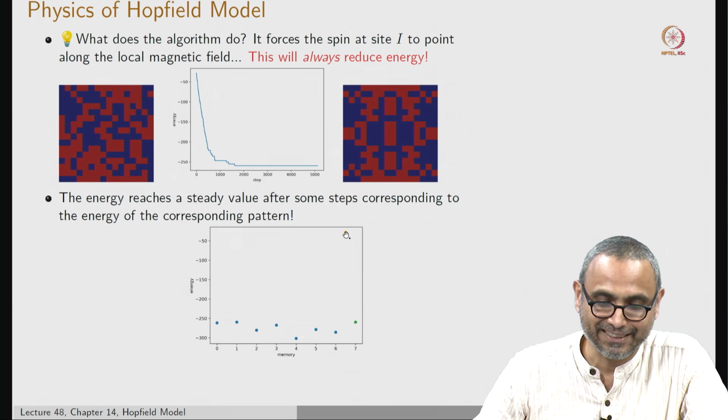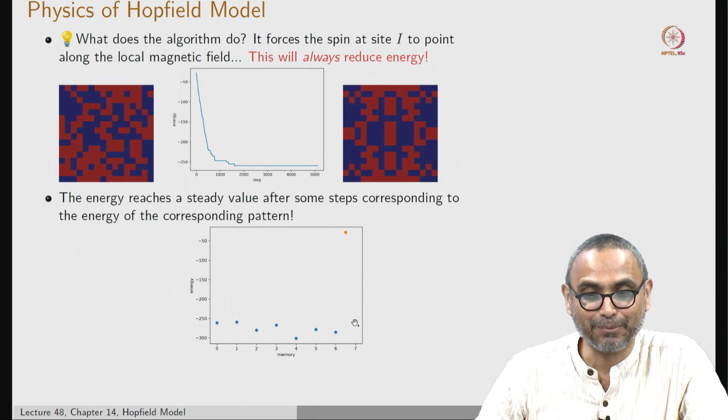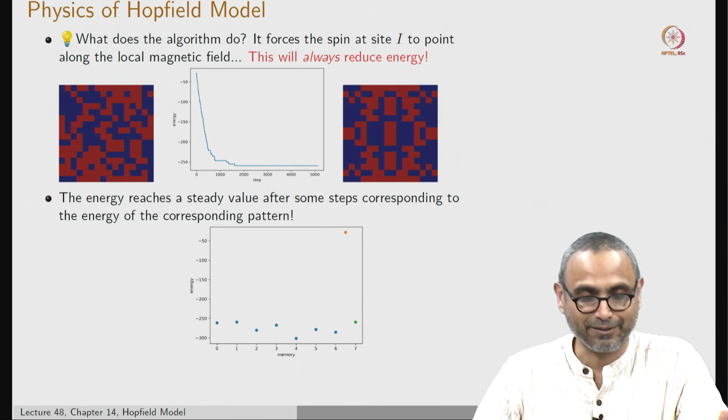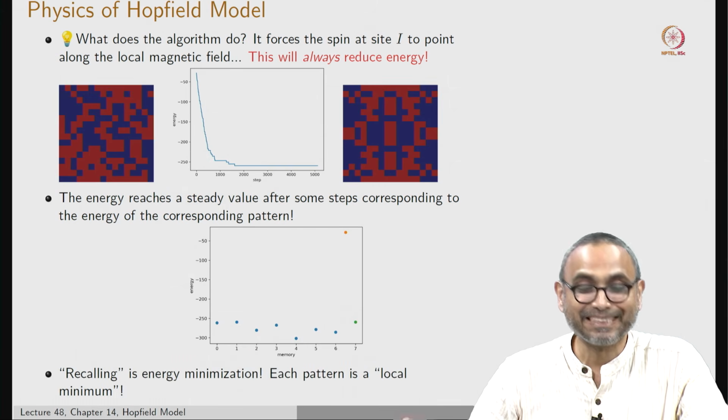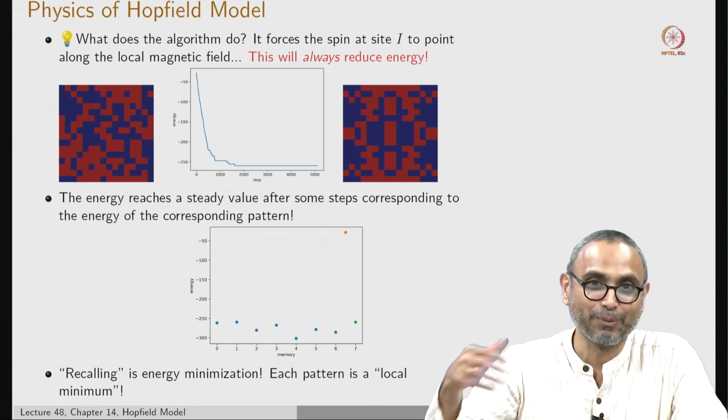You started off with this high energy state, and this low energy value will turn out to be the energy of this pattern. So now you see the remarkable dynamics that we have cooked up for this recognition or recall is simply energy minimization. It is a way of doing steps to minimize energy.